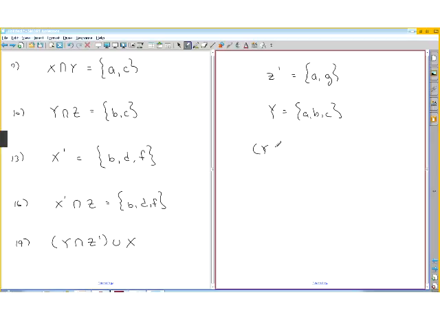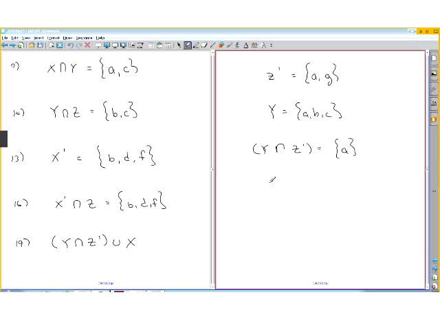So when we take the intersection of Y and Z prime, that is equal to just A, because A is the only common term. That's what intersection means. So we have A by itself.